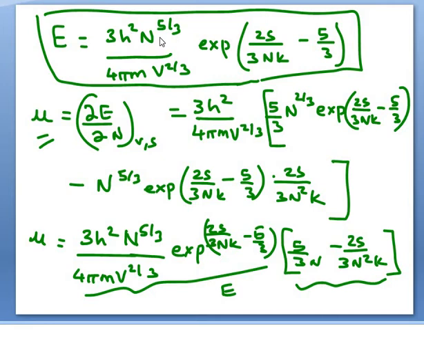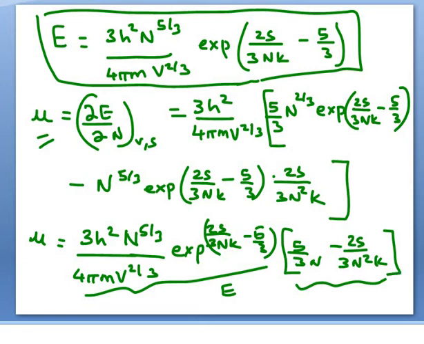First differentiate with respect to n raised to 5 by 3. So you will get n raised to 5 by 3, n raised to 2 by 3. Keep this n raised to 5 by 3 fixed, vary this. And finally manipulate such a way that you already have 3h square by 4 pi m v raised to 2 by 3. Take the exponential common. So this comes out to be E, E into 5 by 3n minus 2s by 3n square k.